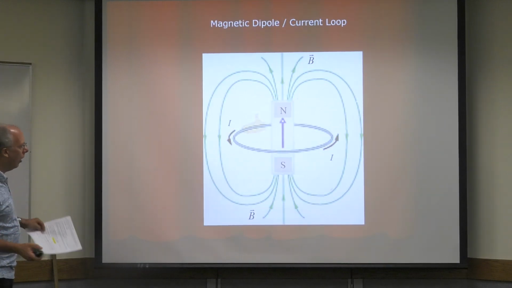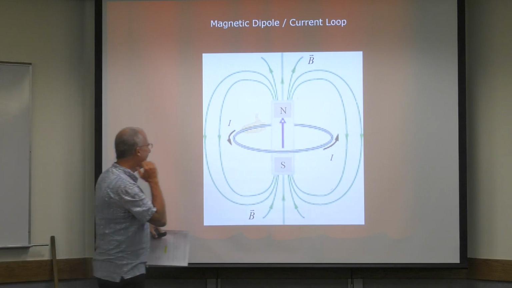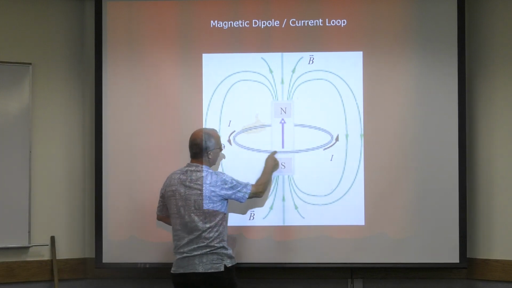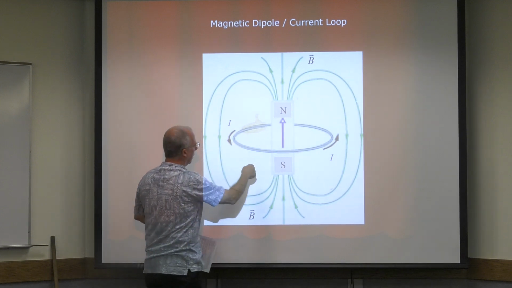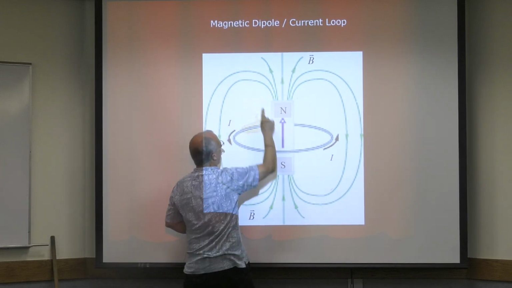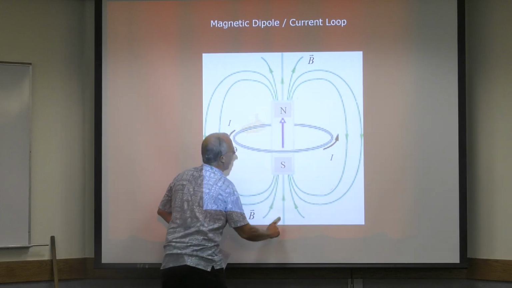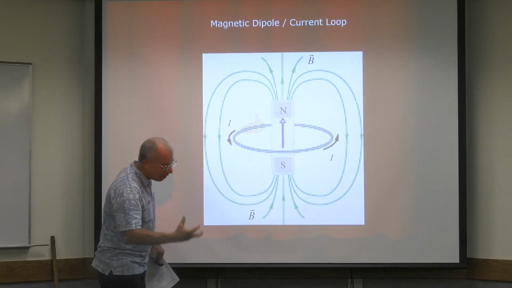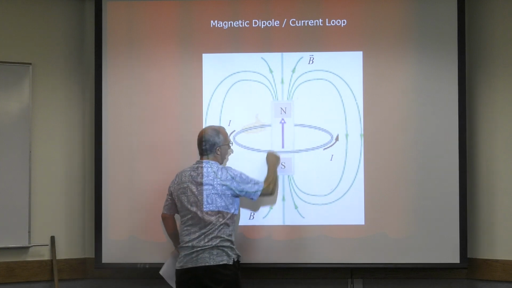So maybe this will help. So here's your circular wire. Current's in that direction. Right-hand rule, and you can see that on top field lines go up. On the bottom, field lines go up. Right. So it's exactly the same thing as a bar magnet.